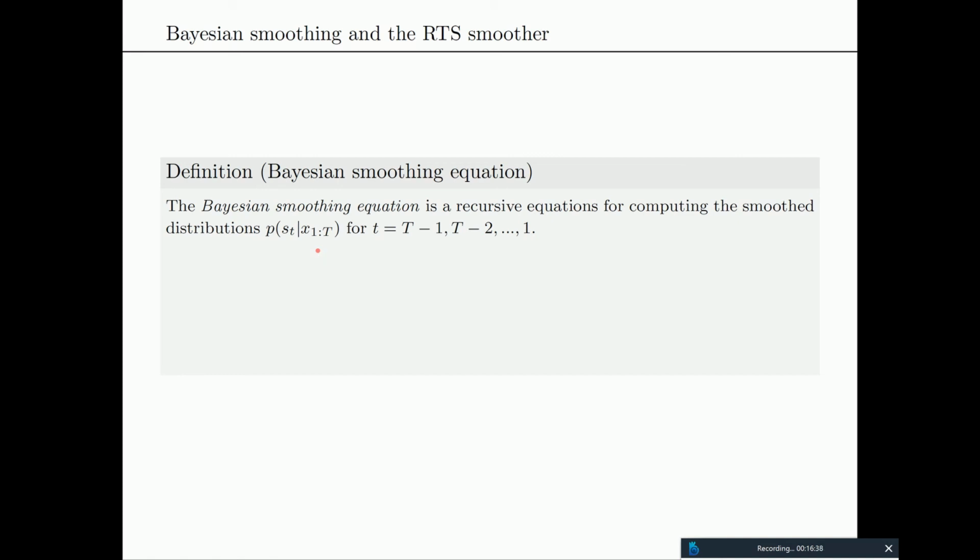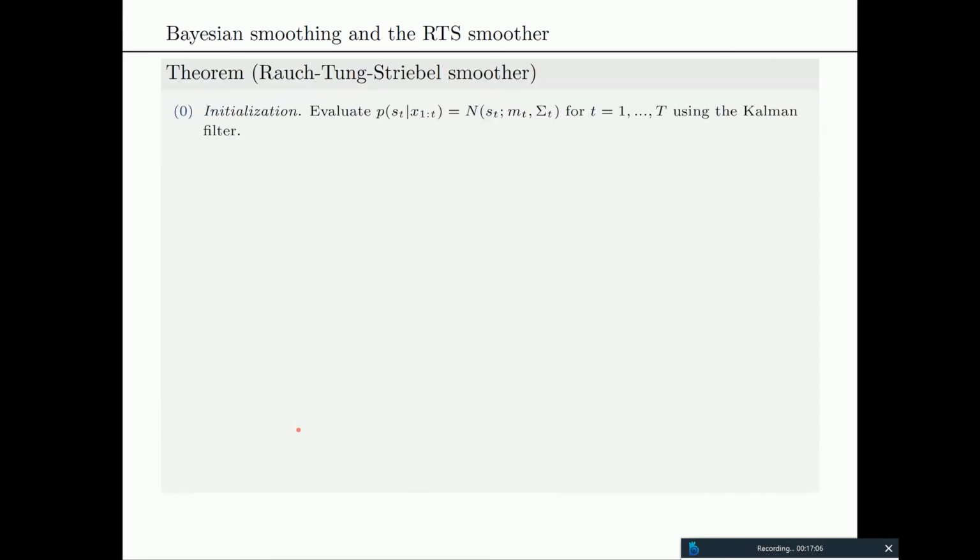If we have the filtered distribution in a Kalman setting, p of s_t given x_1 to t, we can, for example, use the expected value of this distribution as our best guess of the state. So inferring this distribution also means that you can infer the most likely state. Maybe before we go into smoothing, I show you that.